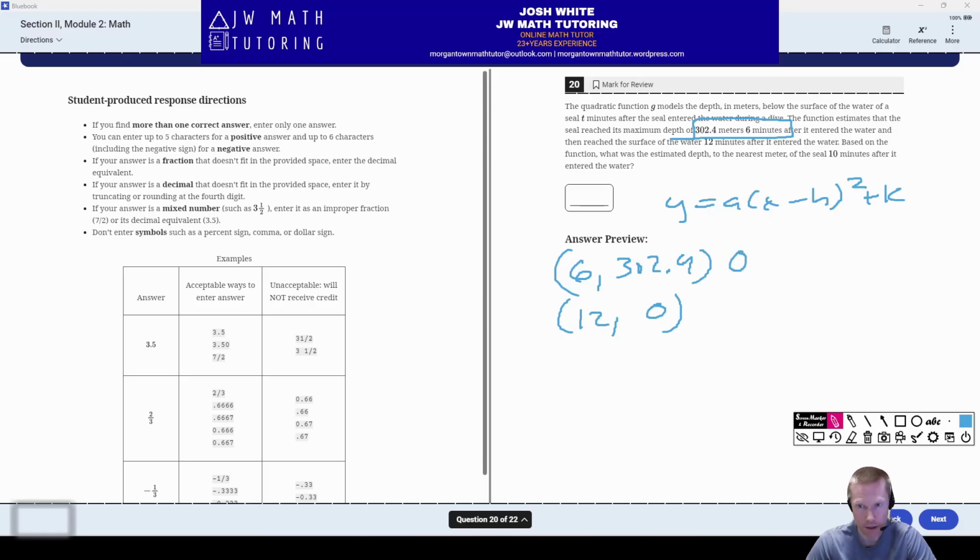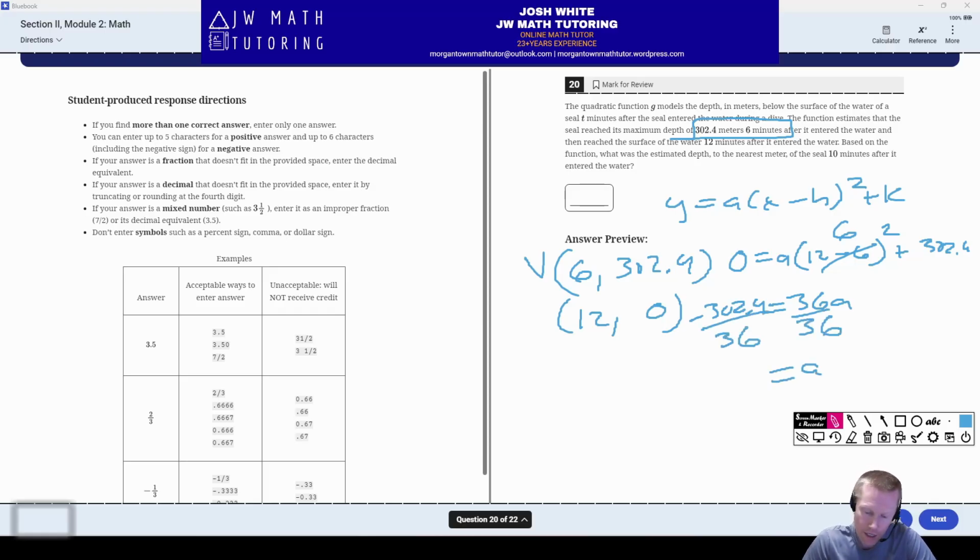So for y, we plug in 0, a, we don't know, x, we plug in 12, h is 6, because that's part of the vertex right here, squared plus k is 302.4. This becomes 6. 6 squared is 36. So you get 36a equals negative 302.4. Divide by 36. A should come out to equal negative 8.4.